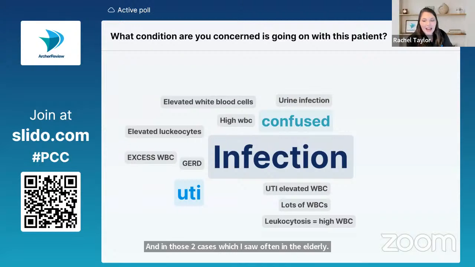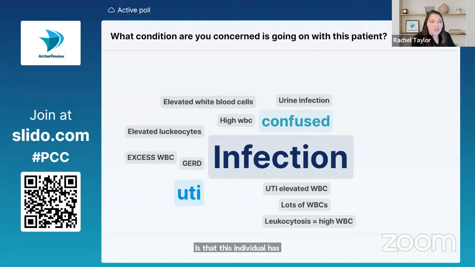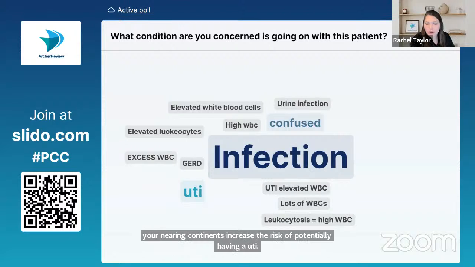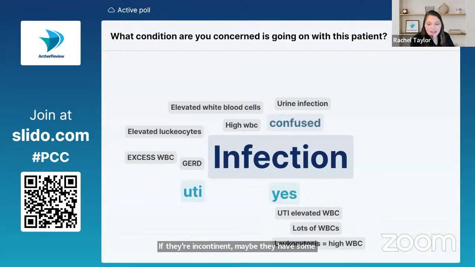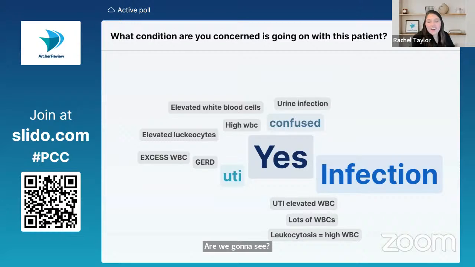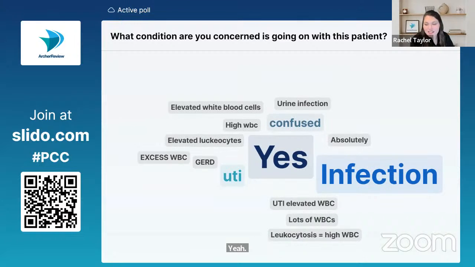Now, the other big giveaway is that this individual has urinary incontinence. Does urinary incontinence increase the risk of potentially having a UTI? If they're incontinent, maybe they have some retention going on. Queen on TikTok said the leukocytosis is a high white count.